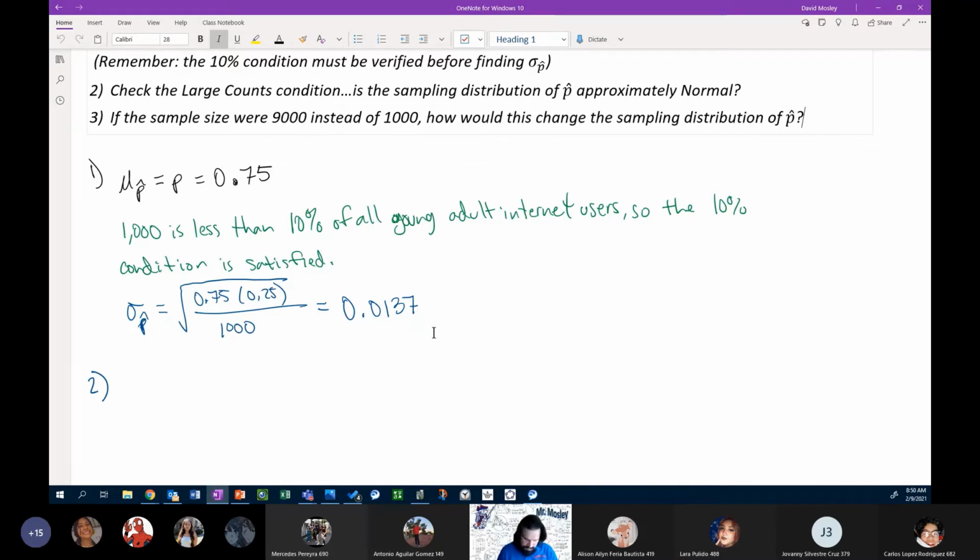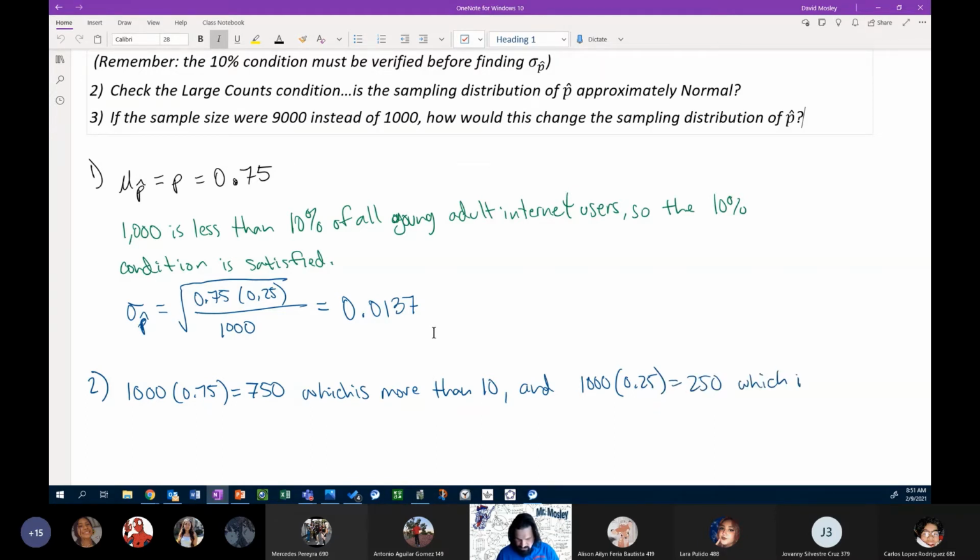That means we do 1,000 times 0.75, which equals 750, and that is more than 10. And if we do 1,000 times 0.25, that equals 250, which is also more than 10.